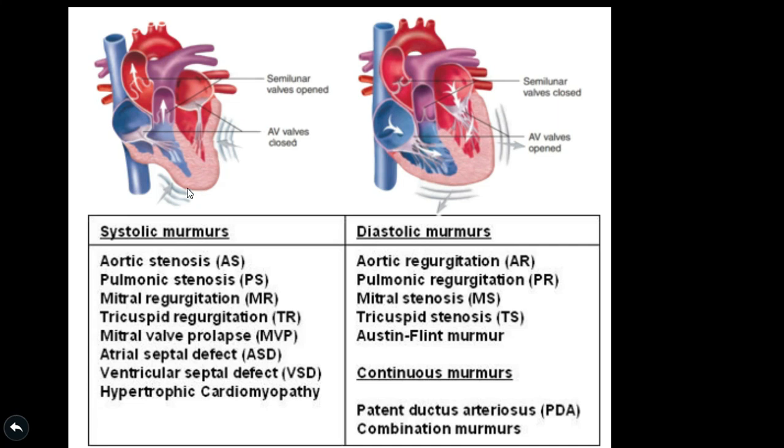If the patient has a problem with the tricuspid valve, during the ventricular contraction, the blood will go back to the right atrium. So that's why there is mitral regurgitation and tricuspid regurgitation. Mitral valve prolapse is a cause of mitral regurgitation in certain patients, as are aortic stenosis and hypertrophic cardiomyopathy.